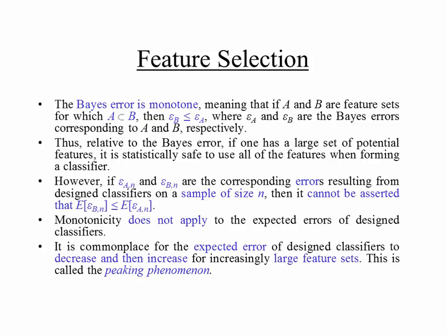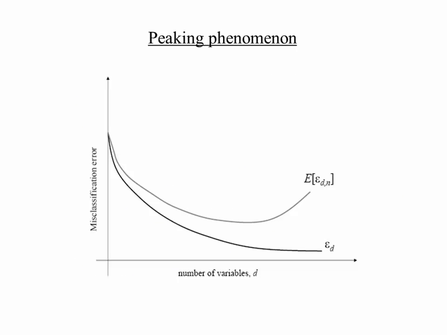So monotonicity does not apply to the expected errors of design classifiers, and it is in fact commonplace for the expected error to decrease and then increase for increasingly large feature sets. This is called the peaking phenomenon, and this diagram illustrates that.